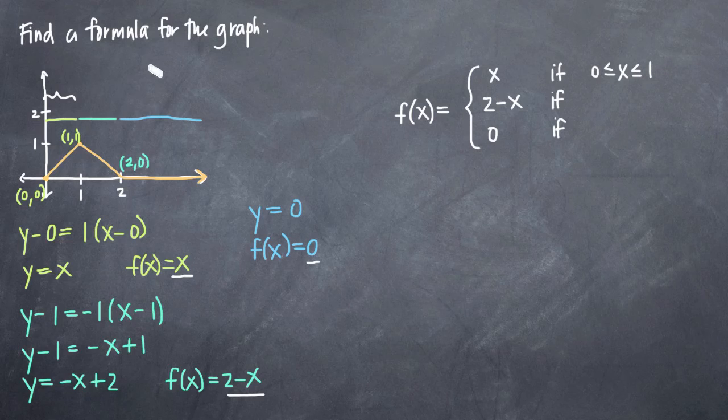Our piecewise defined function is equal to 2 minus x if x is between 1 and 2. However, something we need to be careful of here is that, remember we're trying to define a function, and functions can only have one output value for every input value, which means that for 2 minus x, we can't put x greater than or equal to 1 because we already put x greater than or equal to 1 here.